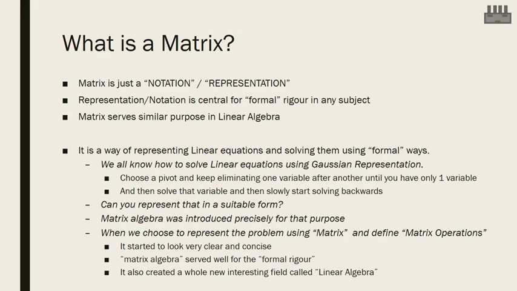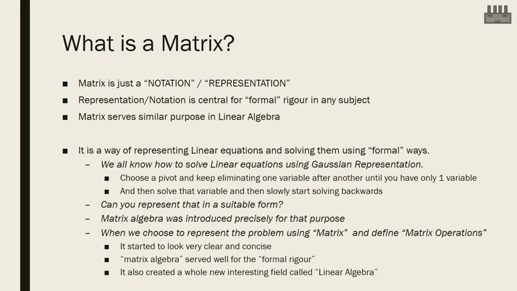However, notations can be powerful because they can induce a formal rigor in any subject. And in this particular case, matrix helps in inducing formal rigor while handling linear algebra. Especially, the notation originated when solving linear equations, right?